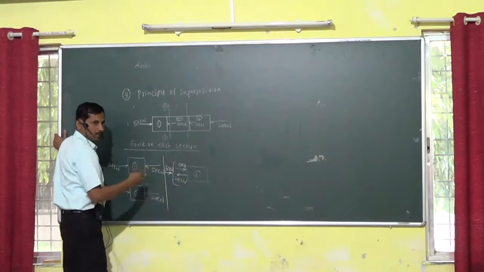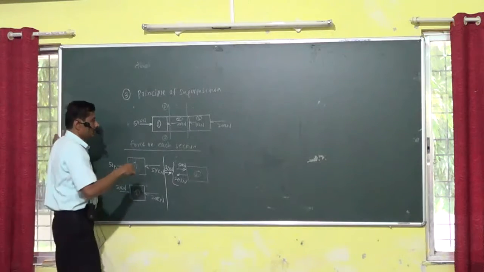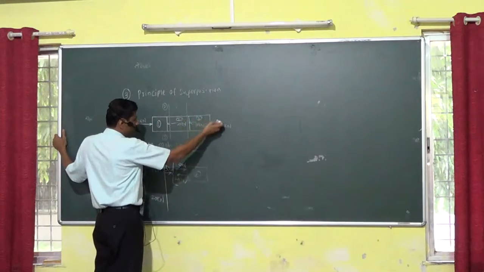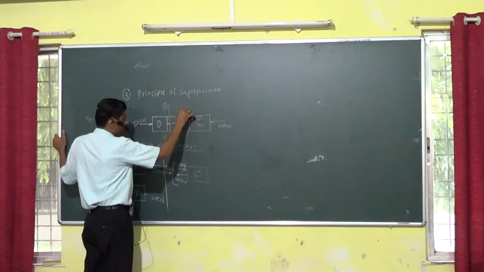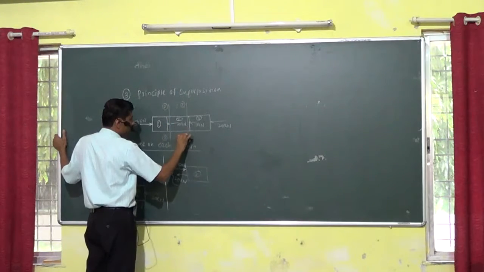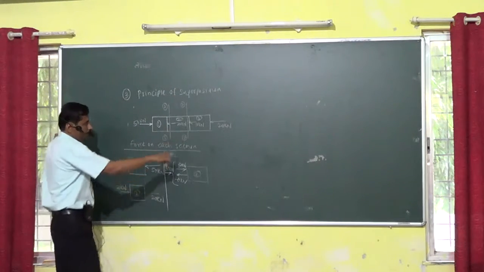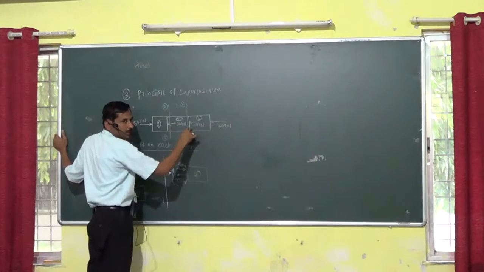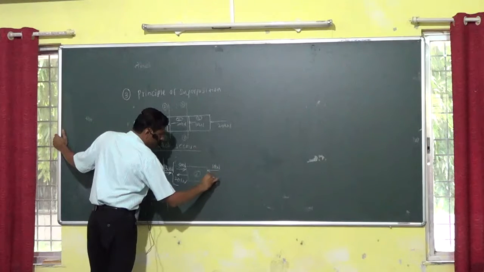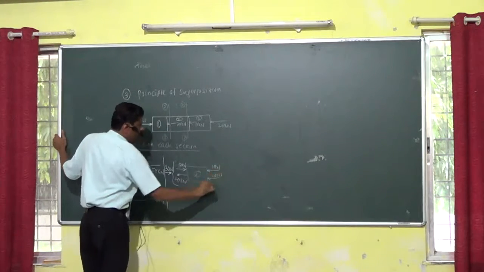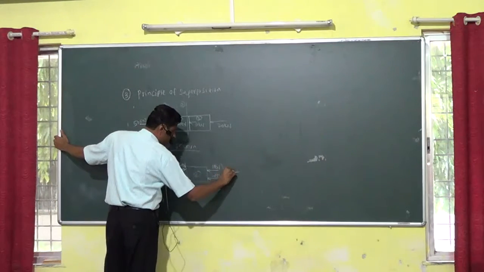If I consider all the forces to the right side of this section, section 2, then 10 kilonewton and 20 kilonewton of force are both moving to the left side.